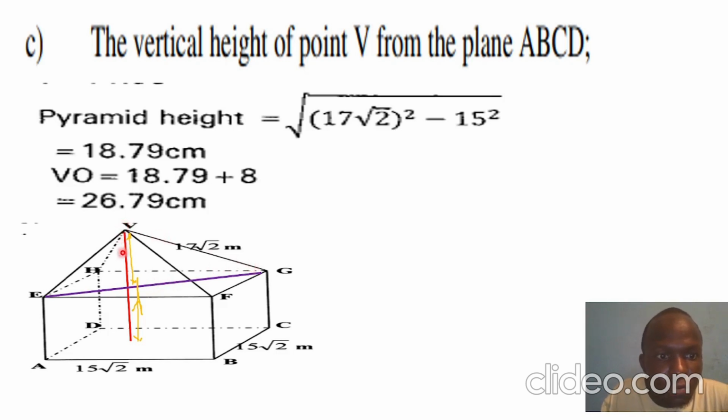Call it VOG. Now, because EG is parallel to AC, the one we have just determined as 30, automatically EG becomes equal to 30 centimeters.